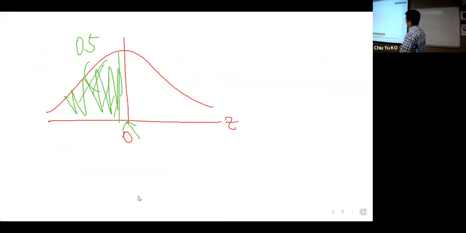That's the idea. Let me repeat the statement: I tell you the area on the left, and I want the number at the bottom. Before, I gave the number at the bottom and you told me the area on the left. Now that's reverse.